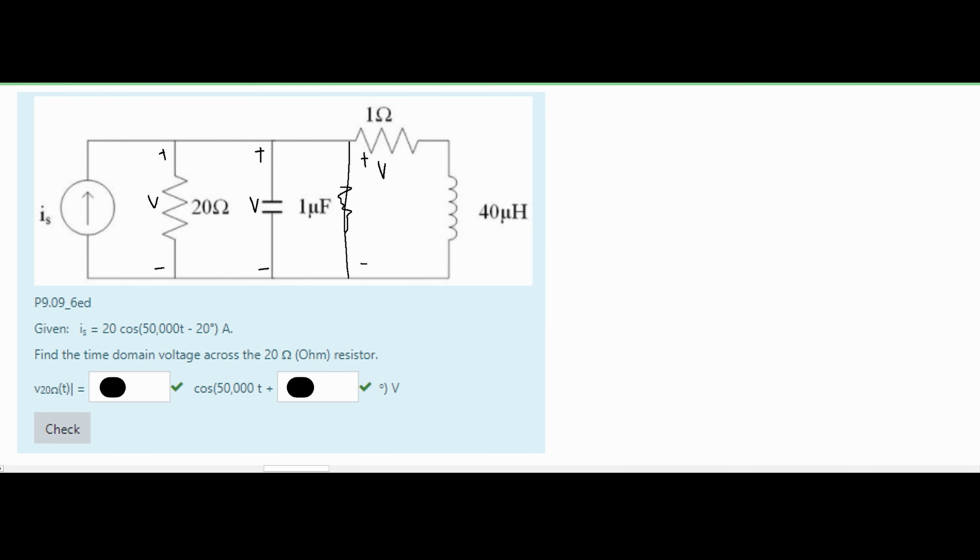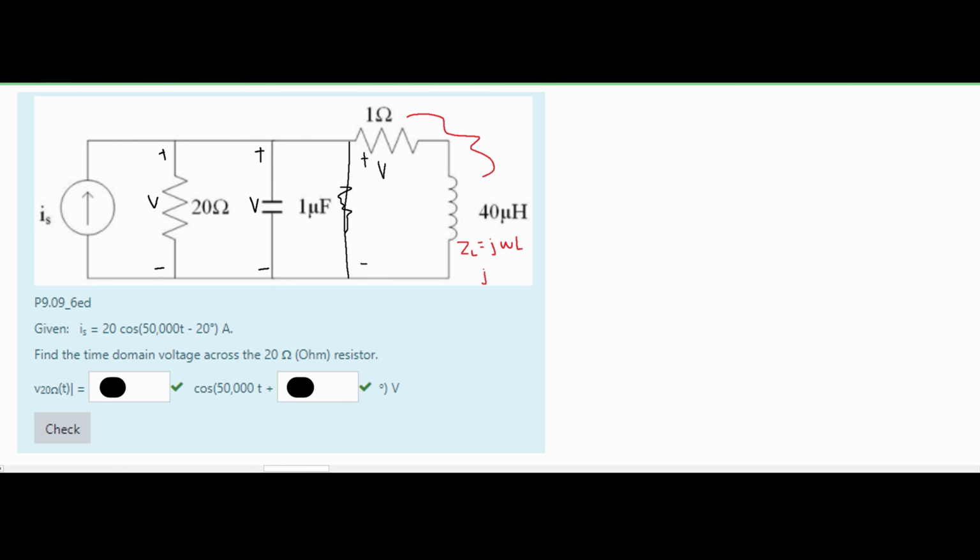Now we are going to combine these two impedances. They are in series, so all we need to do is add them together, and that is going to be the impedance of this part right here. First, we need to change this into the Z equation. So we're going to have Z of our inductance equal to J times omega times L. This is the formula to convert it.